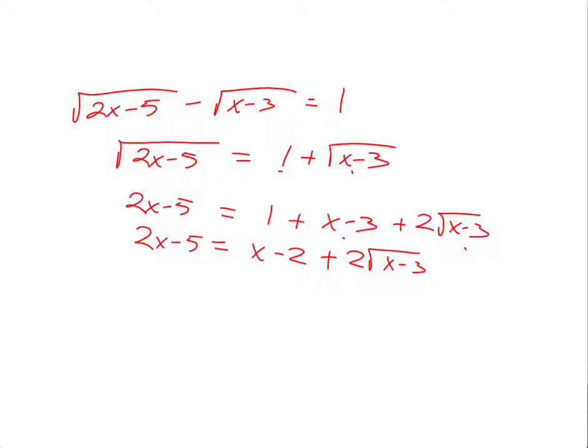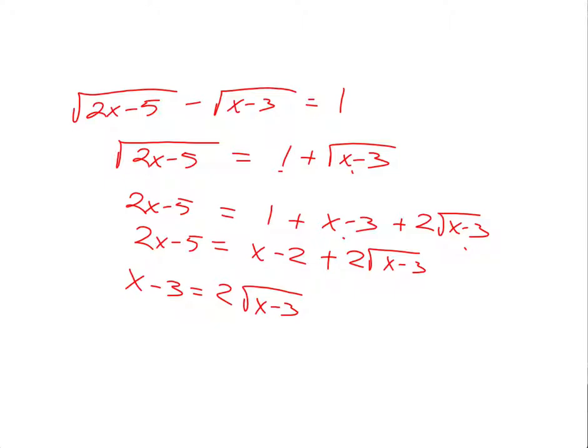Okay, so what's your goal? What are you trying to do when you're doing that? Get the 2 root of x minus 3. Alright, so we're trying to get the radical by itself. Perfect. So I'm going to subtract the x, which gives me x. I'm going to add the 2, which gives me minus 3. So I have x minus 3 equals 2 times the square root of x minus 3.